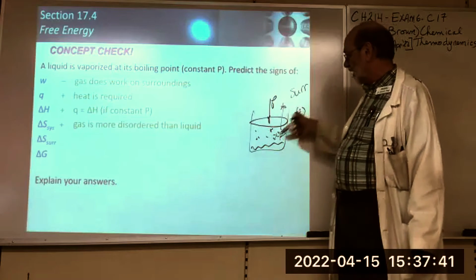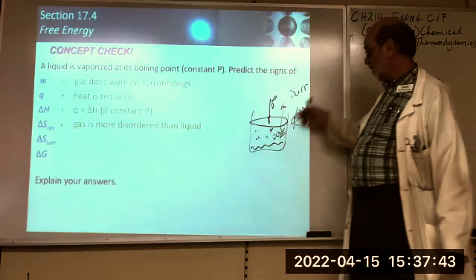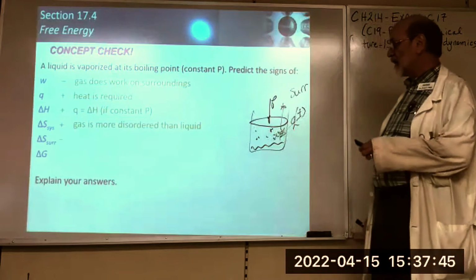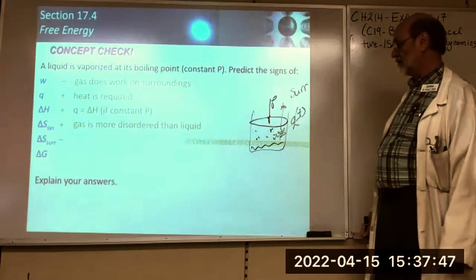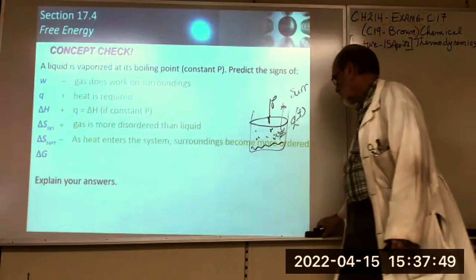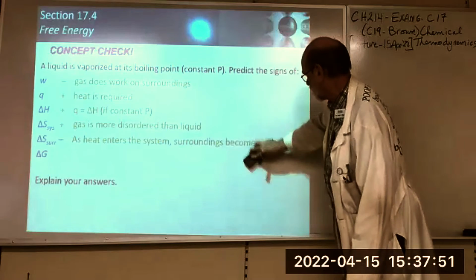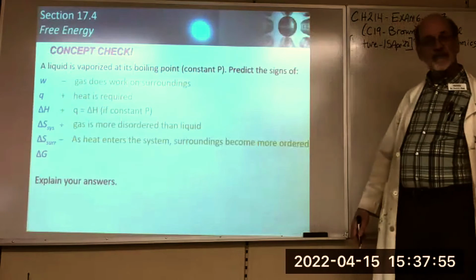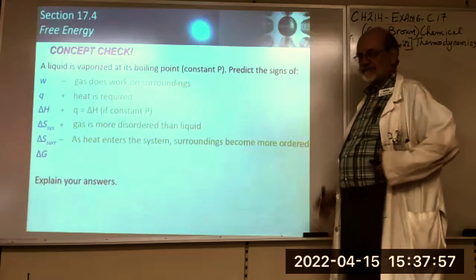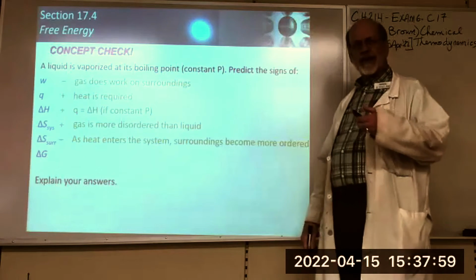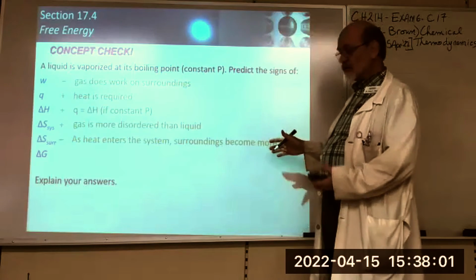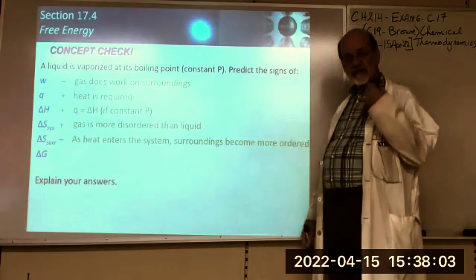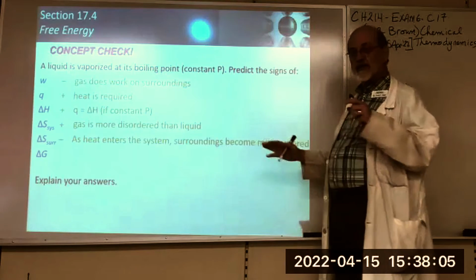You're losing energy from the surroundings. Delta S for the surroundings should be negative. The surroundings become more ordered in terms of either randomness or energy, either way that you look at it. You should get more ordered in the surroundings.